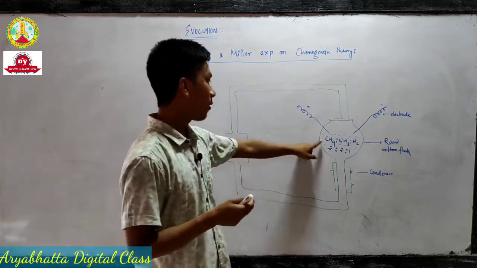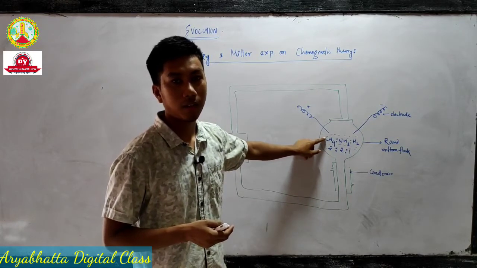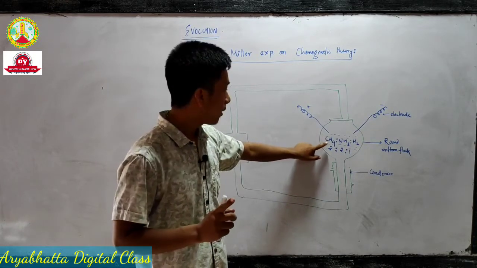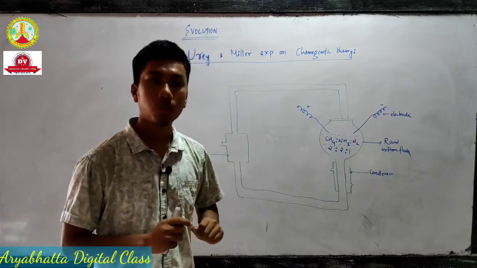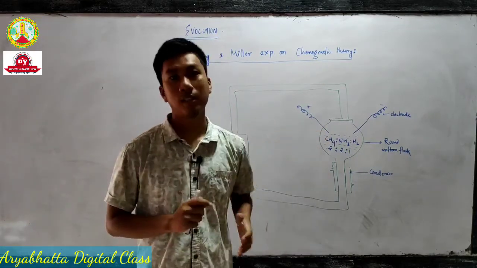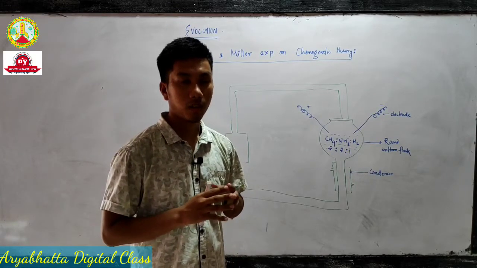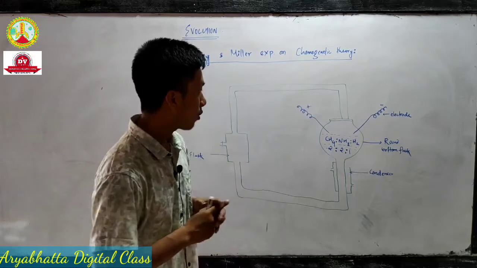That is very important from the entrance exam point of view. They always ask the ratio also. Methane 2, ammonia 2, hydrogen 1. Okay, and they also added a little amount of water inside the flask, and they put in the two electrodes.